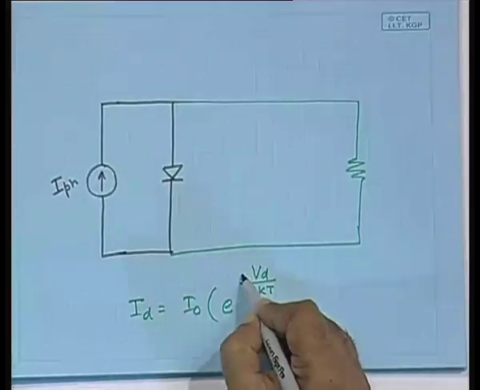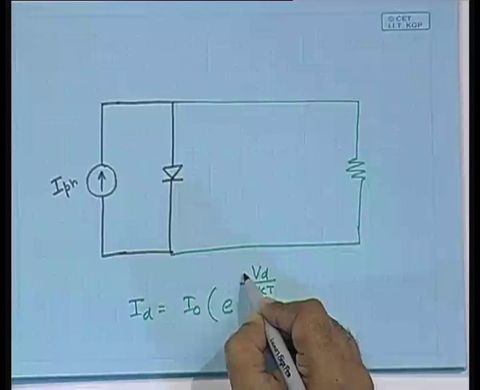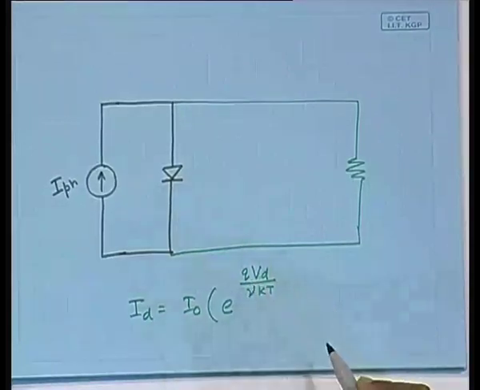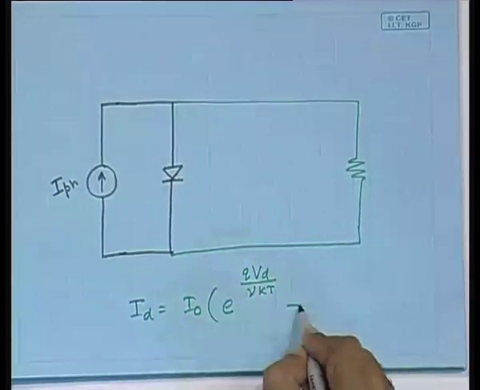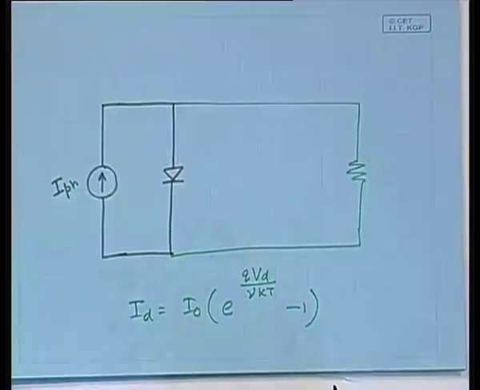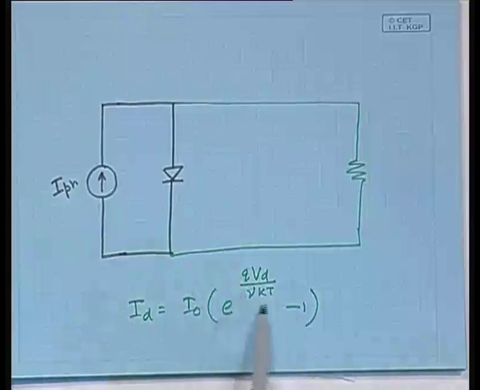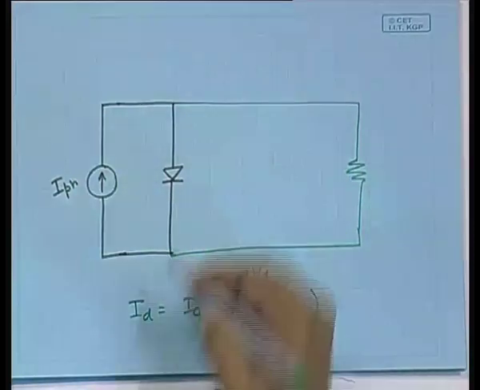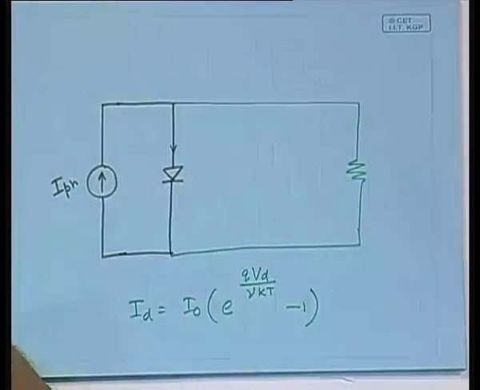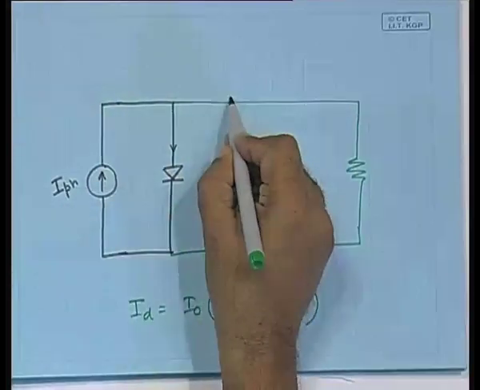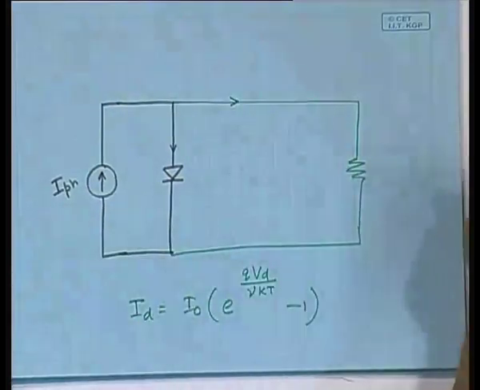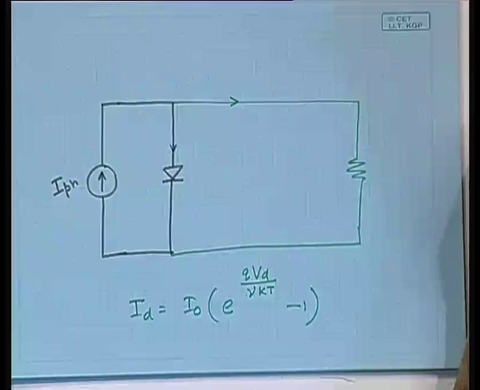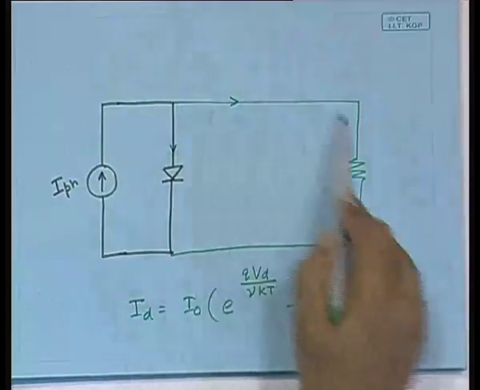Here it is, the electron's charge q. So, this contains all the constants and this is the voltage, the variable quantity, which is the voltage here. So, this current will still keep on flowing and the rest of the current will go through the load, right. The rest of the current will go through the load.